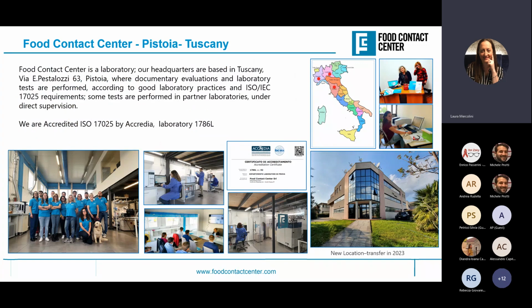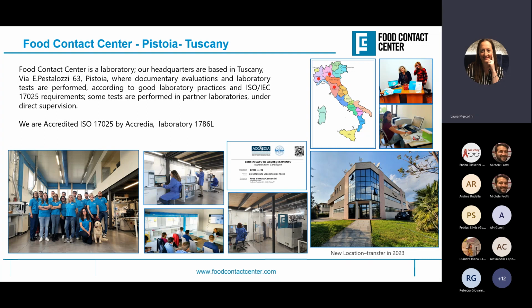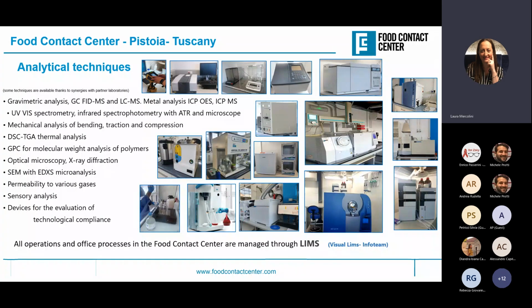I decided to build my own company 6 years ago. Now we are a team of on average 15 people. We are located in Pistoia, and we are going to change our location. You can see here some techniques that we have in the lab.